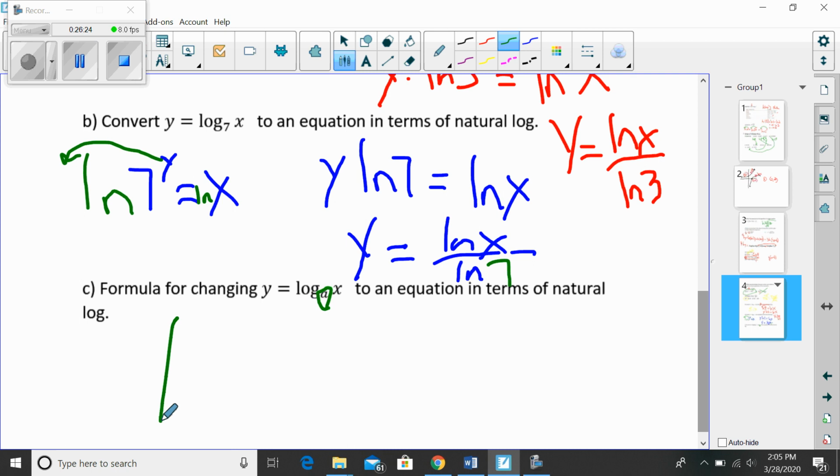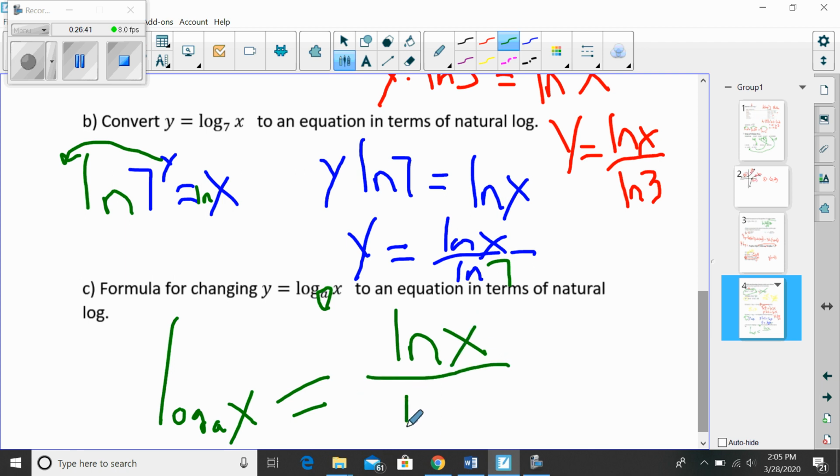A generalization: log to the base a of x is equal to natural log of x over natural log of a. That's how I can convert any log equation to a natural log equation.